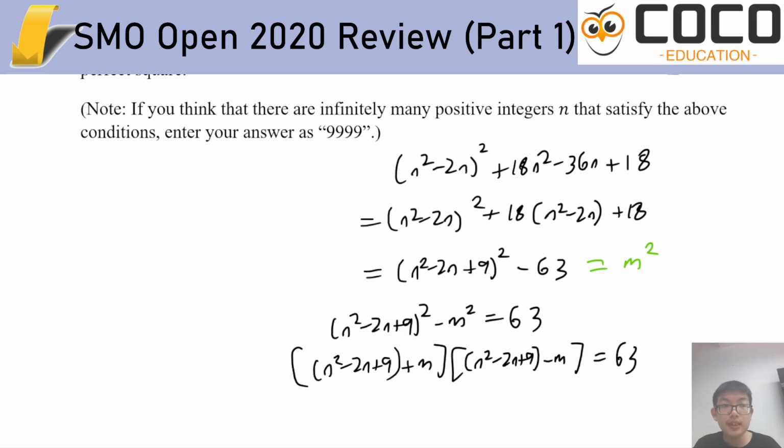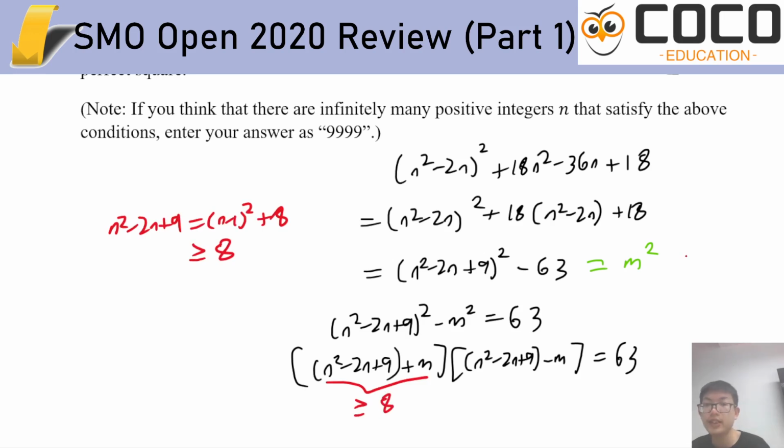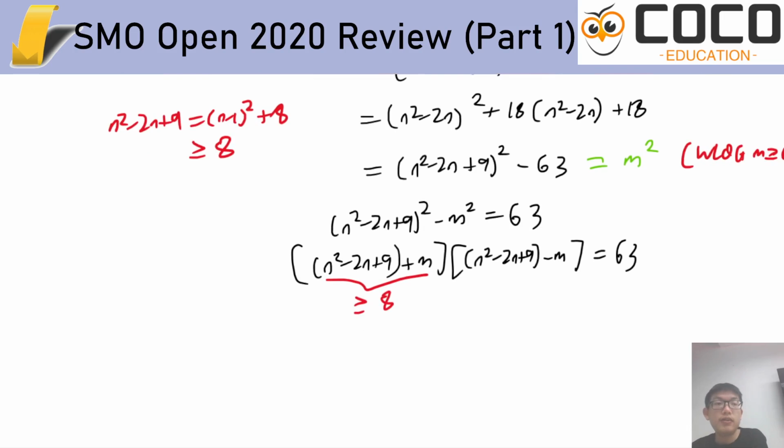And since the n squared minus 2n plus 1 itself is going to be more than 8, this factor here is going to be also more than or equal to 8, since we can assume perfect square means I can take m as non-negative. That means I can just list out the possibilities, which is 9 and 7, 21 and 3, 63 and 1.